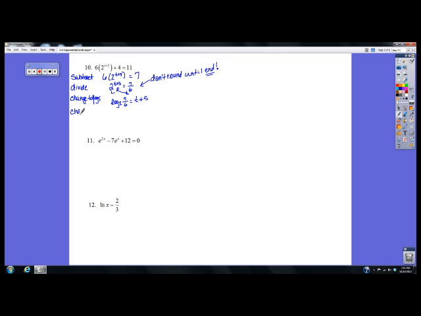Okay, we need to calculate change of base. So I need to calculate this right here with change of base. And then after I calculate this, what do I need to do to get rid of this plus 5? Then subtract 5.